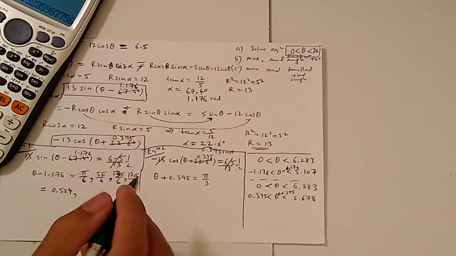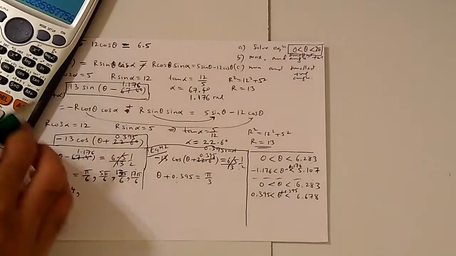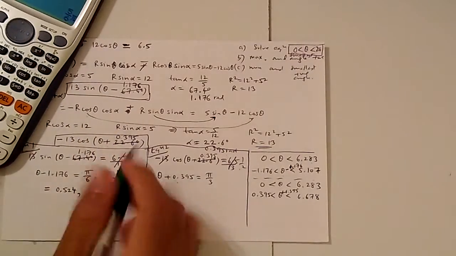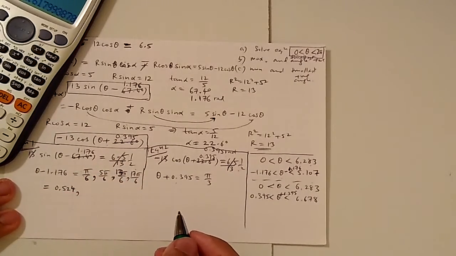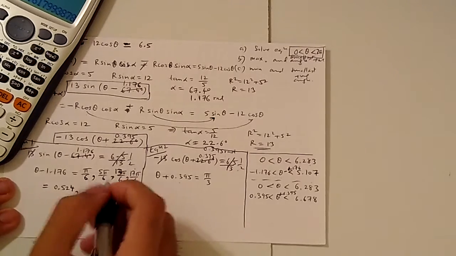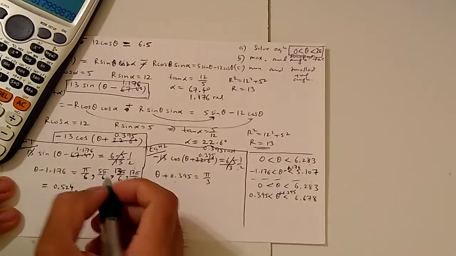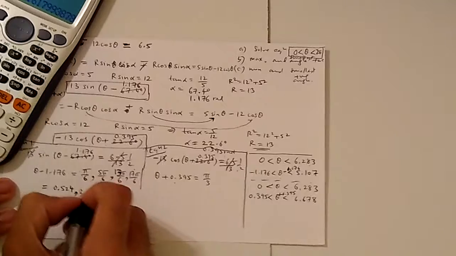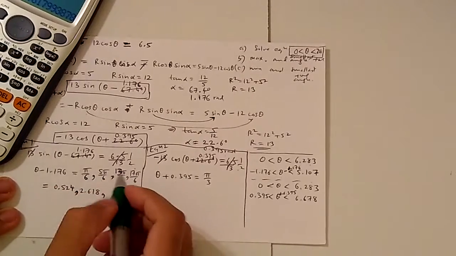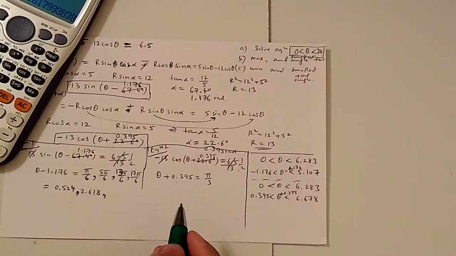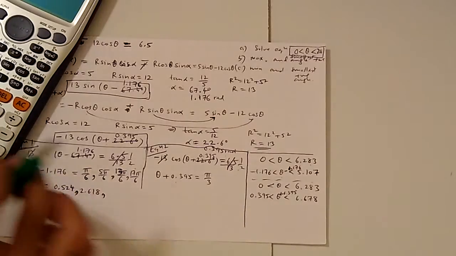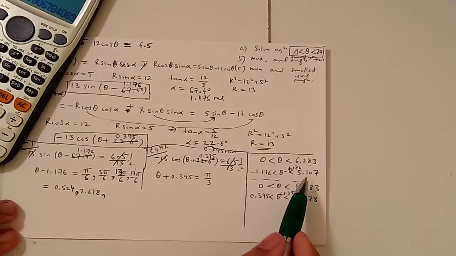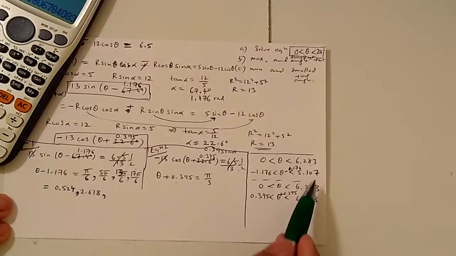And then I have 5 pi by 6, which is 2.618. Then you have 13 pi by 6, and that is 6.807, which is out of our range. 17 pi by 6 is therefore obviously going to be out of range.